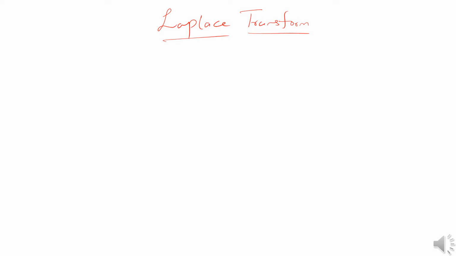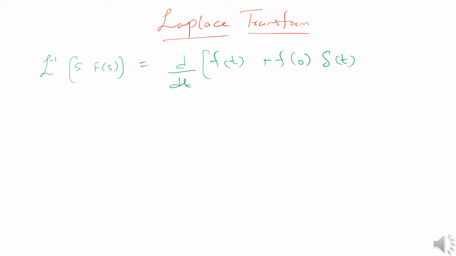We are continuing the inverse transform lessons, and in previous lessons we talked about some properties of inverse transform. We talked about the inverse transform of a function when s is multiplied by f of s, which is given by the derivative of f of t plus f of 0 multiplied by delta t. This f of t is found by using this f of s.